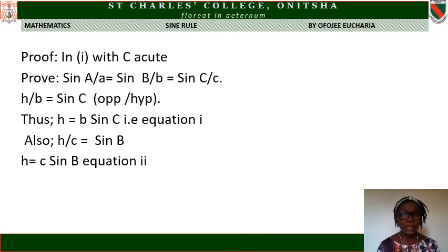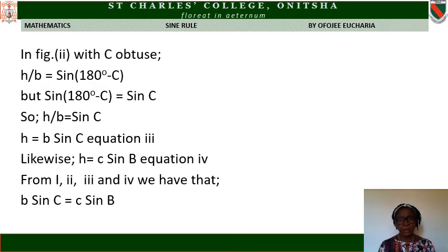So h over b is equal to sine C. If we make h the subject of the formula, h will be b sine C, and we have it as equation 1. Also, if we get to the angle at B, we also make h the subject of the formula, and you can see that h is c sine B. We have it as equation 2.